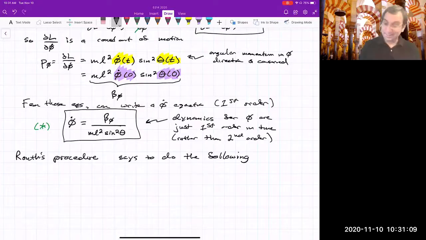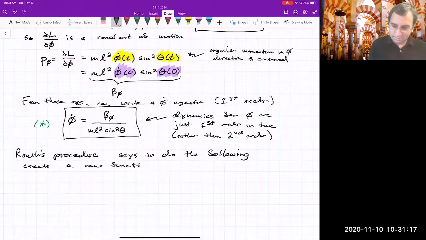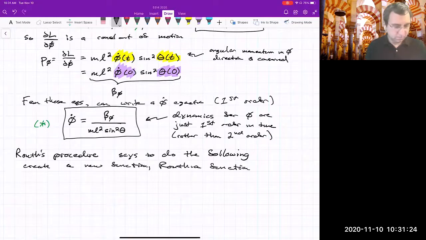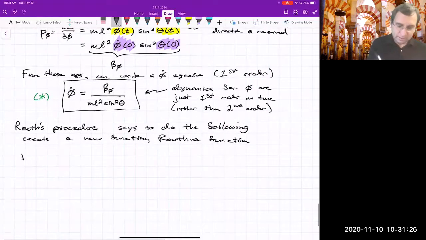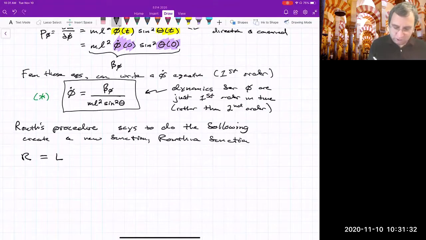You create a new function, the Routhian function. And so we'll write it as R. And it's equal to the Lagrangian.